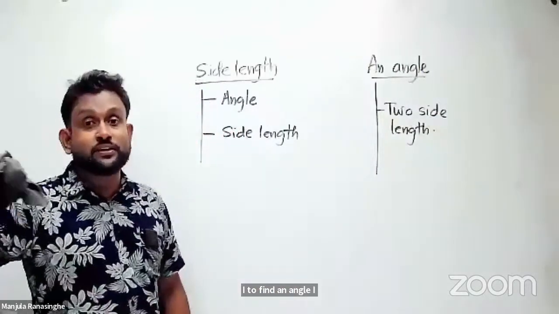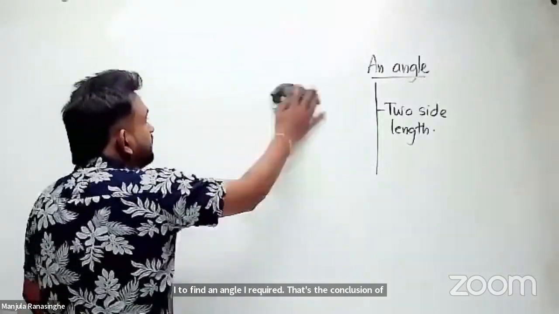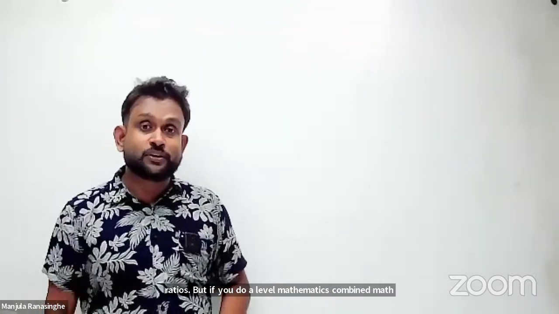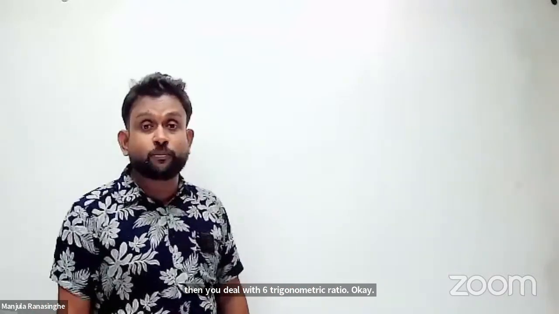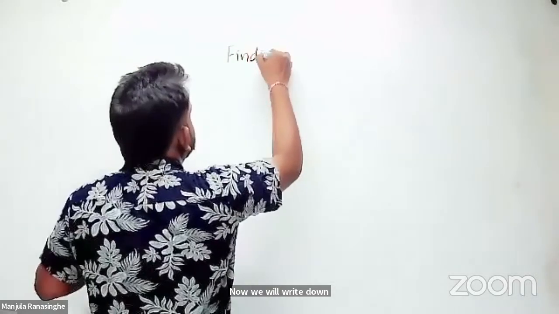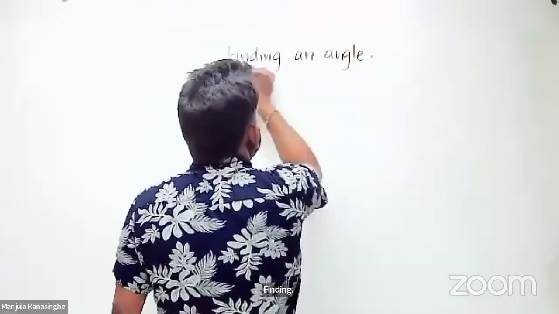Then we discussed the three trigonometry ratios: sine, cosine, tan. In O-level maths we use only three trig ratios, but if you do A-level mathematics, combined maths, then you deal with 6 trigonometric ratios. Now we will write down the topic: finding an angle.